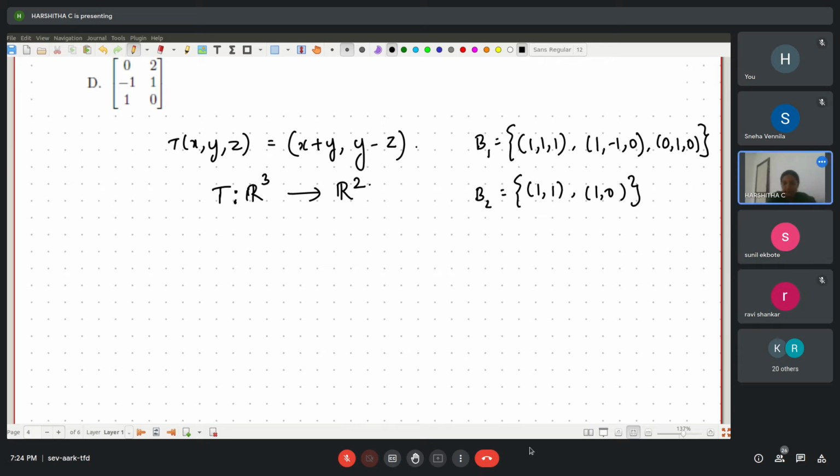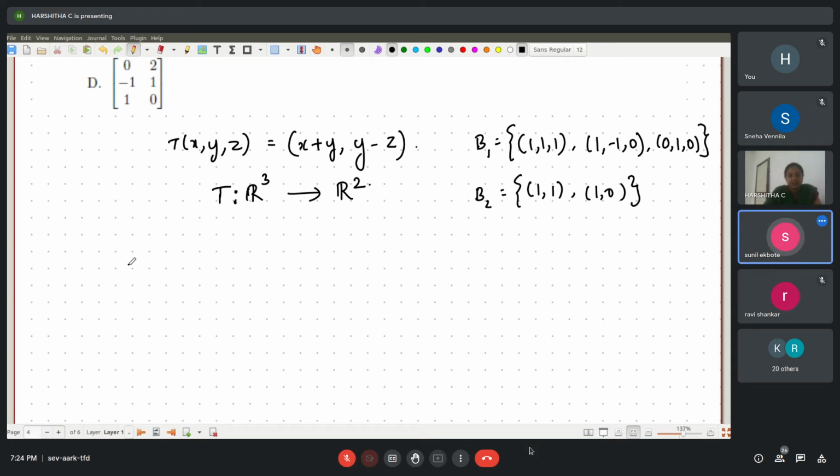Yeah, that's right. And then we have to form a matrix of that. So how will we form that matrix? Suppose that is E1, E2, E3.